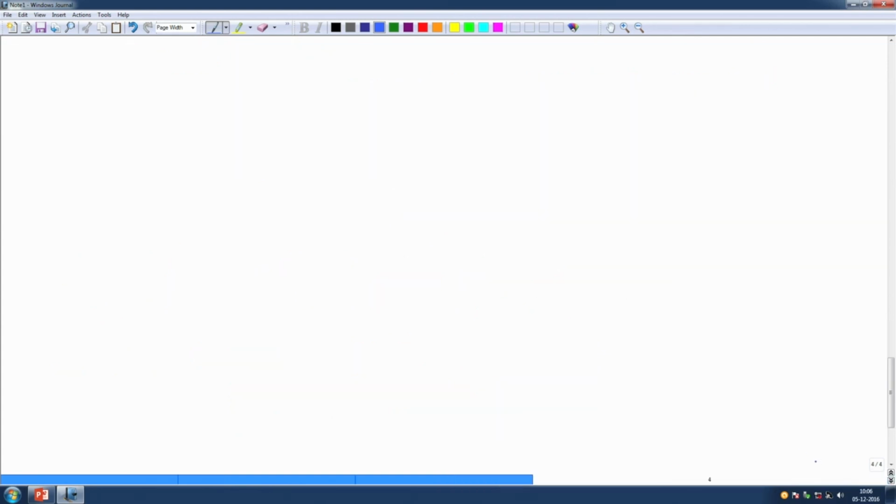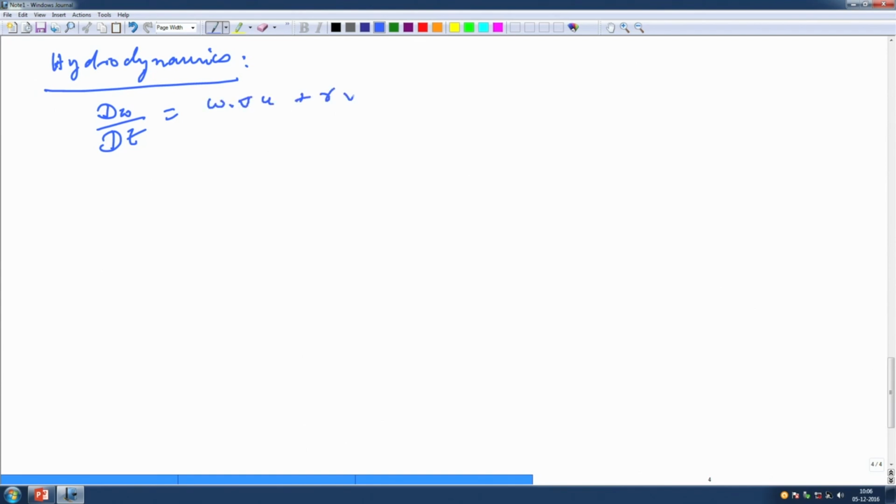Now, in order to solve this liquid phase, usually the hydrodynamics is solved by writing the vorticity transport equation, that is the convective derivative, and that is the diffusional term. This normally will be equal to 0 for 2D planar flow.